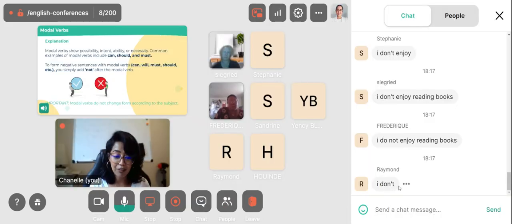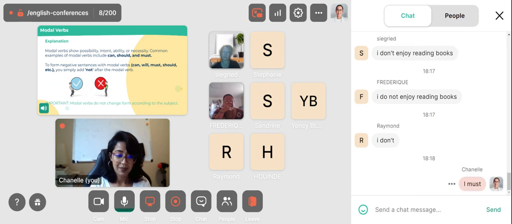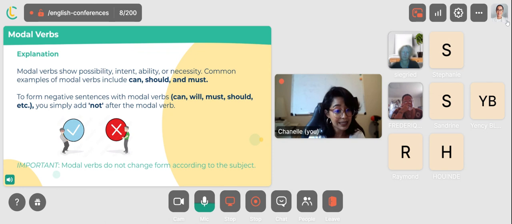For example, if I put it in the chat, I will say, I must. But if I look at the others, I must, you must, he must, she must, we must, they must. That means there is no conjugation. It stays must for all the subjects. So with modal verbs, there is no conjugation changes.